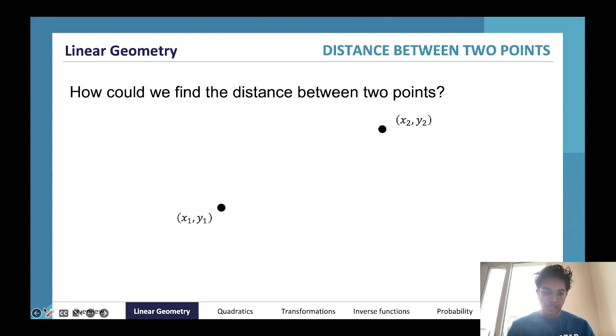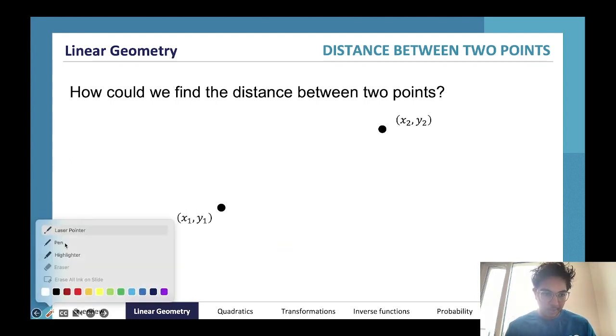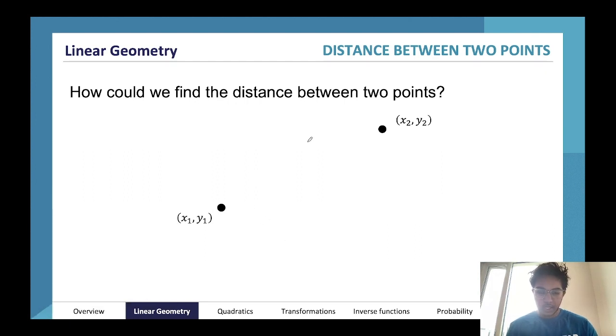Alrighty. Let me see if I can get my pen out and we can try work this out. The reason I brought up a right angle triangle is because we know Pythagoras theorem, right? a squared plus b squared is equal to c squared. And that's what we can use here. So I'm going to make a line between these 2 points. Well, that's a really janky line.